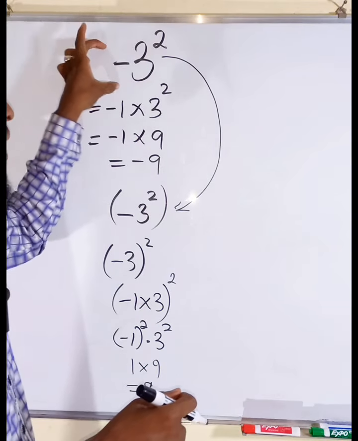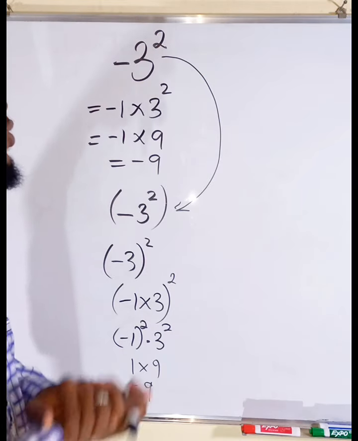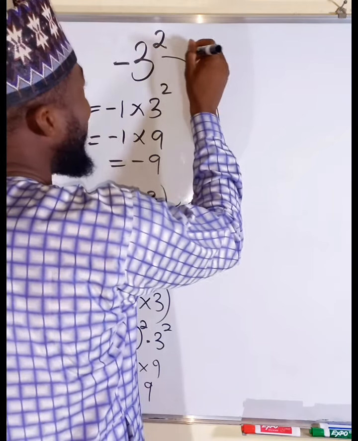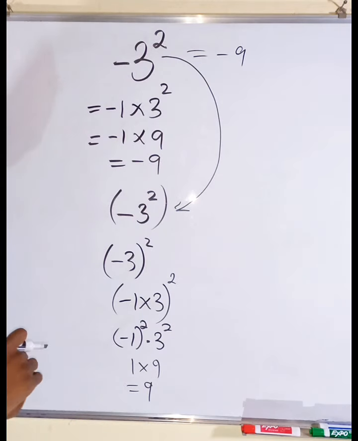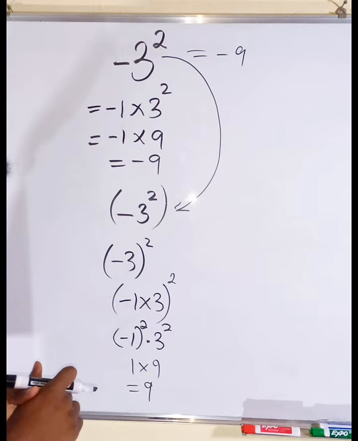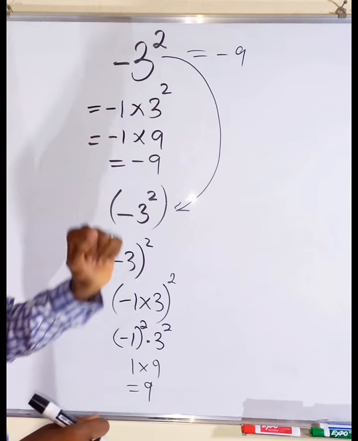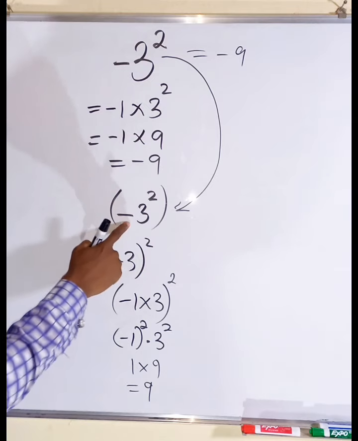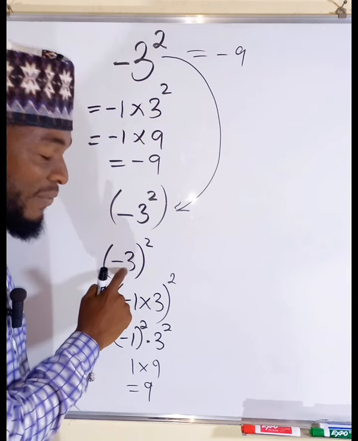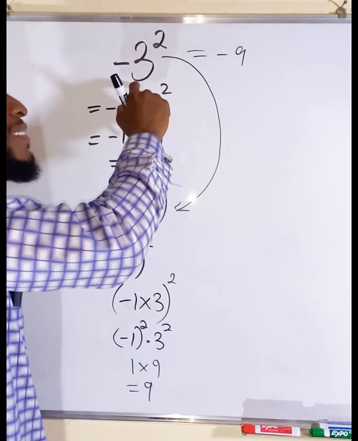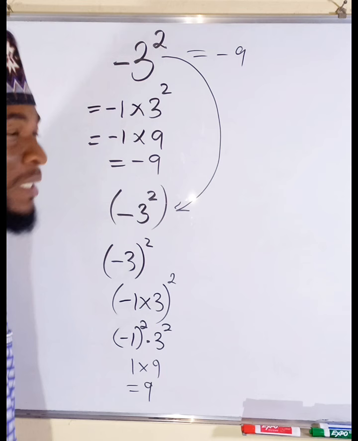I repeat, negative 3 to the power of 2 is equal to negative 9. I think we are misinterpreting this. When we say negative 3 to the power of 2, you cannot call this one negative 3 to the power of 2. Some people might say, wow, how?